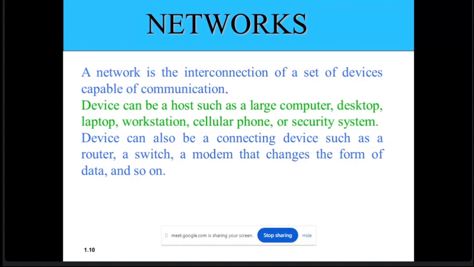Let us take devices such as a large computer, desktop, workstation, cellular phone. Similarly, devices can also be connecting devices like routers, switches, modem. The routers, switches and modem are the things which support data communication. This connected set of devices is said to be a network.